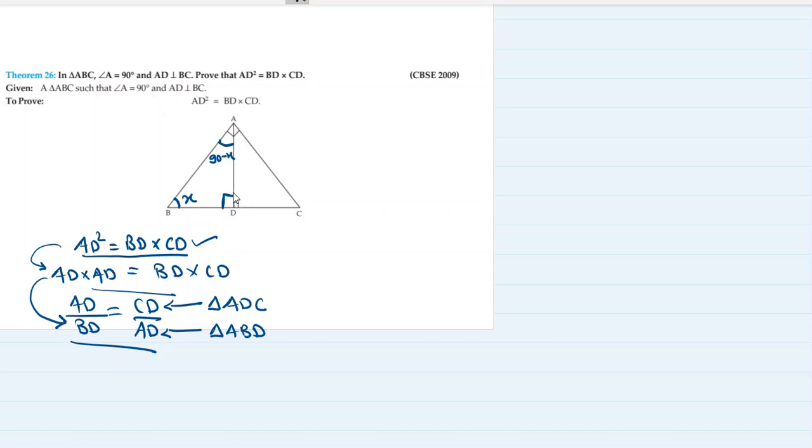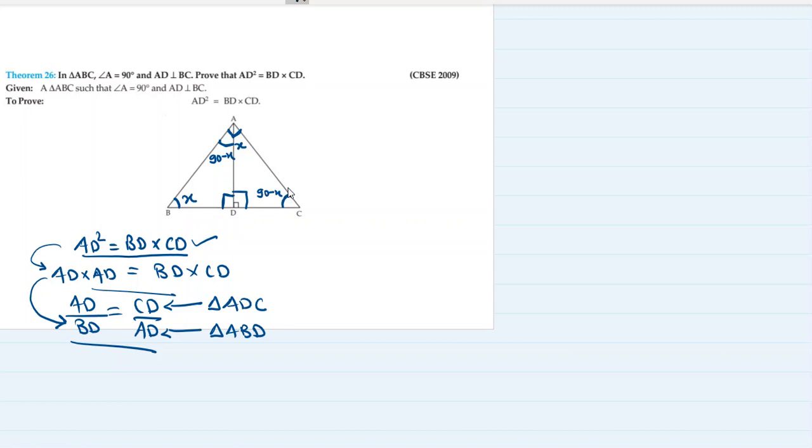Now this angle is also 90. The whole angle over here is also 90, and this part is 90 minus x, so this part will be just x, and here we have got x, we have got 90, so this angle will be 90 minus x.